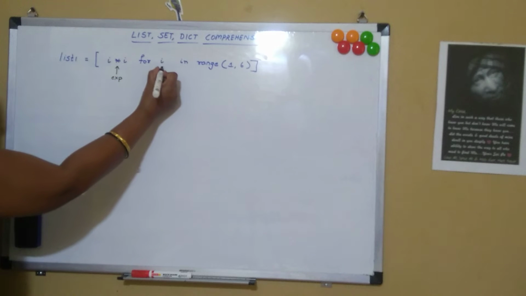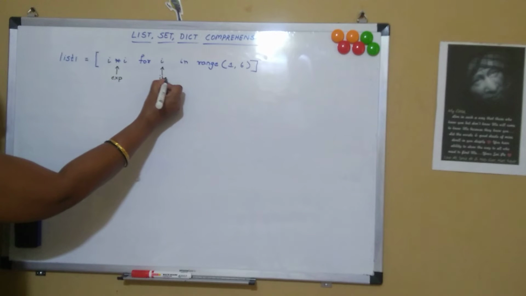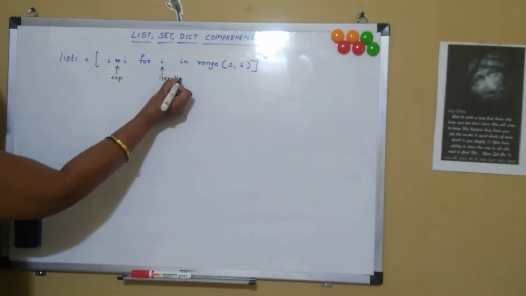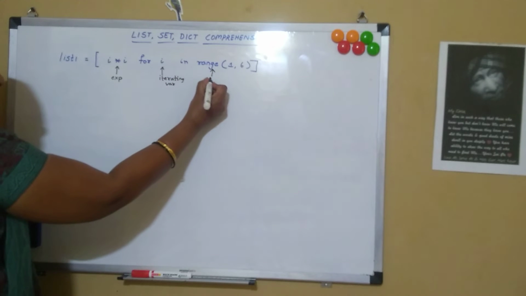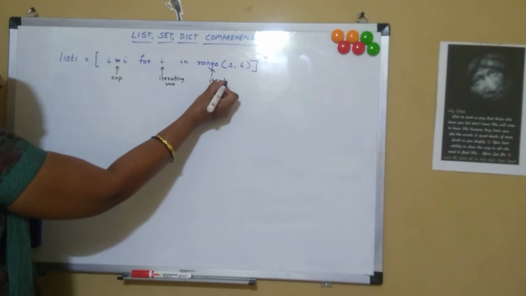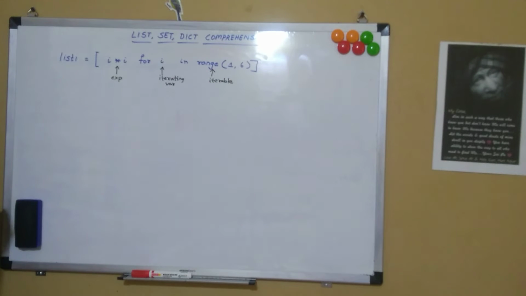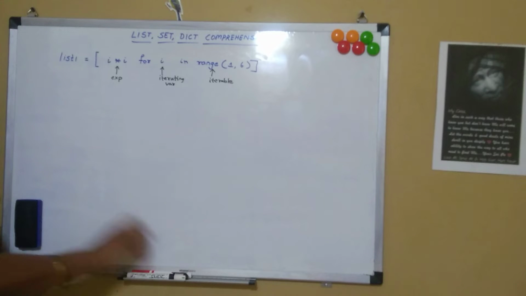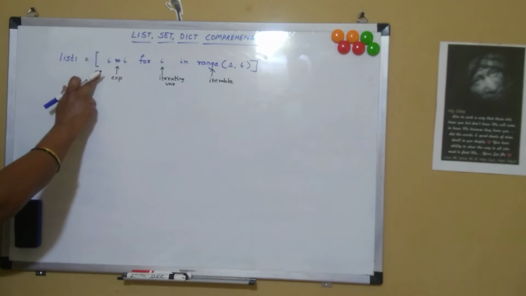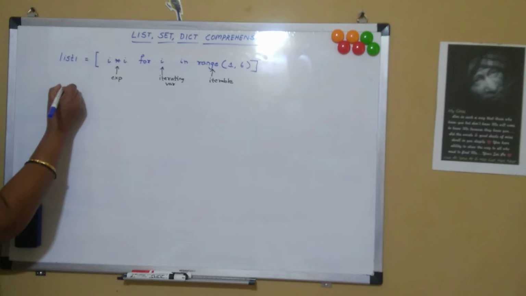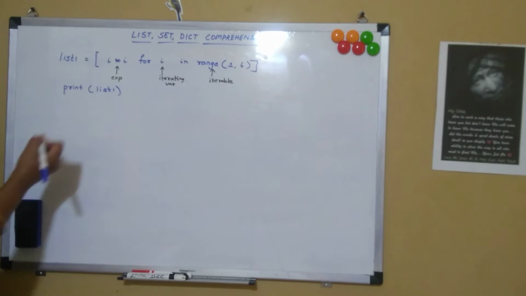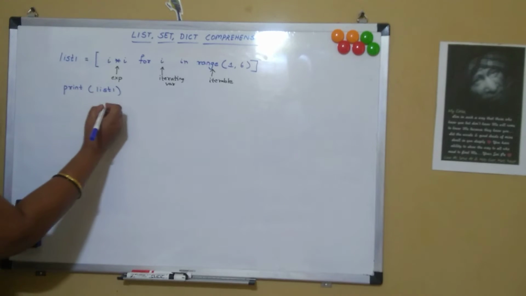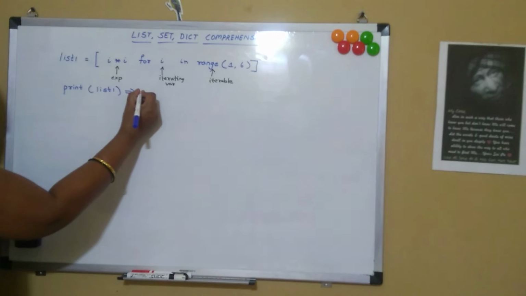For is the for loop, i is the iterating variable, and range is the iterable. So when I give this particular statement, a new list gets created and the new list will be held in list 1. So now if I say print list 1, I get the list in this particular format.